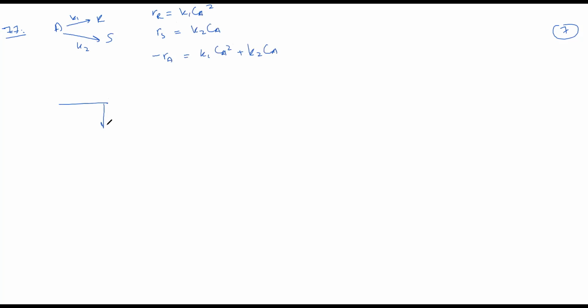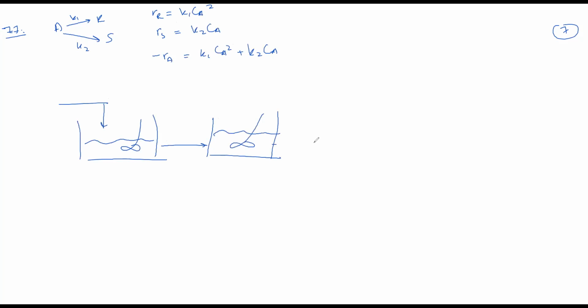Again, it's a system of two CSTRs. The feed in here is CA0 is 1, CR0 is 0, CS0 is 0. In this case, CA1 is 0.4, CR1 is 0.2, CS1 is 0.7, and I need to calculate CA2, CR2, and CS2.